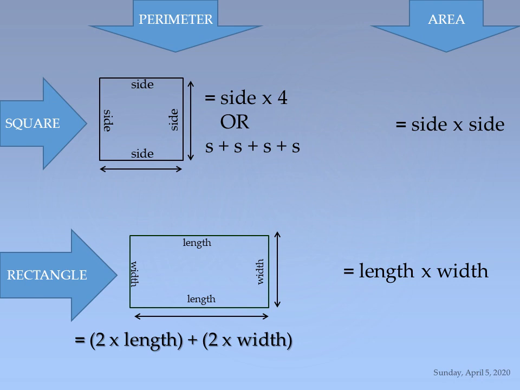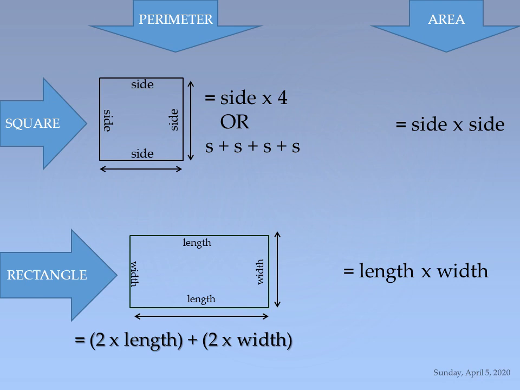Or, since we know that all the sides are the same, we write the same number for the rest of the sides, and then we add side plus side plus side plus side, which is equally the same as side times 4.